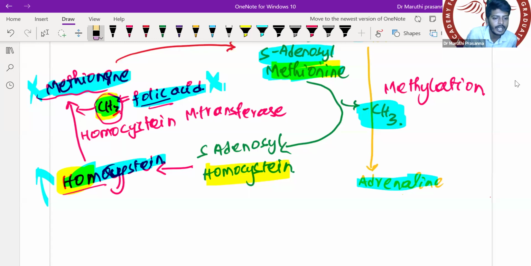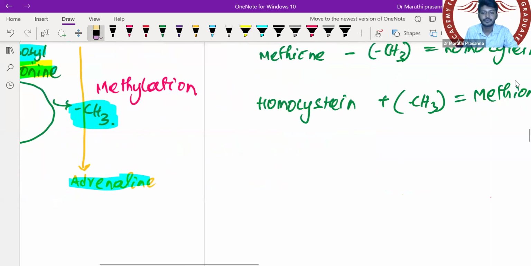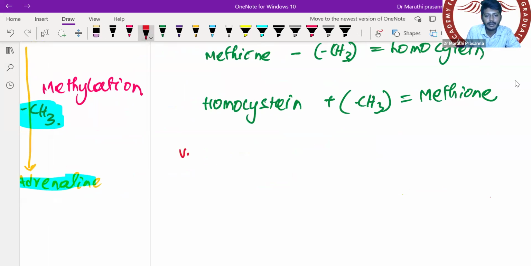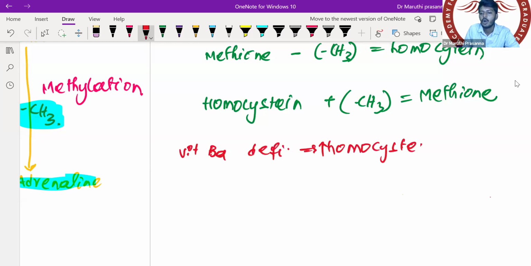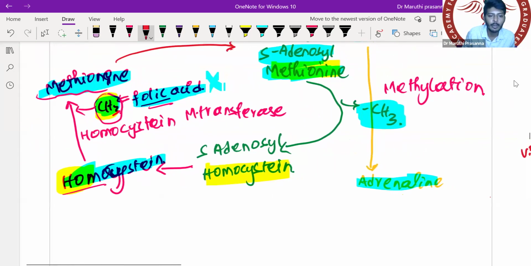So deficiency of folic acid will lead to increased level of homocysteine. Increase of homocysteine because of one reason: there is no methyl group for its conversion into methionine.